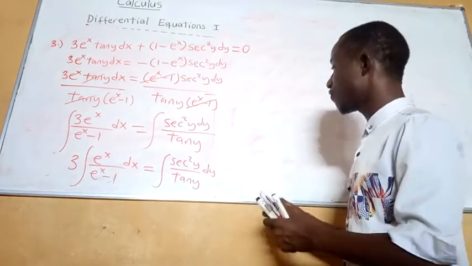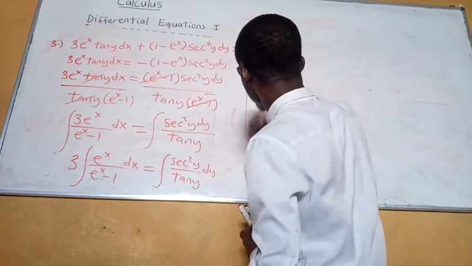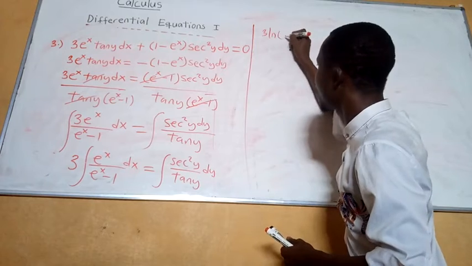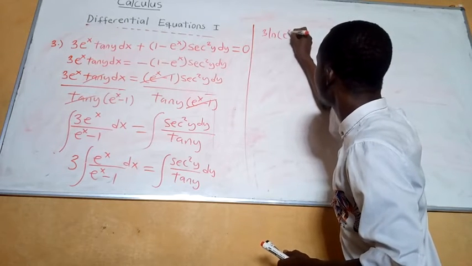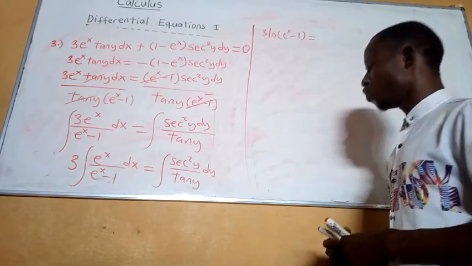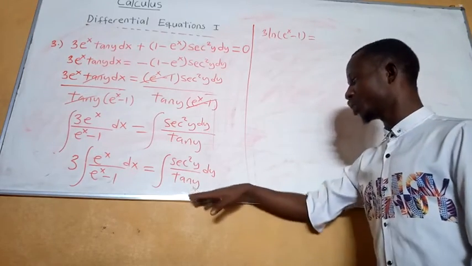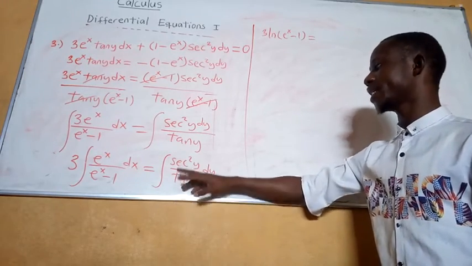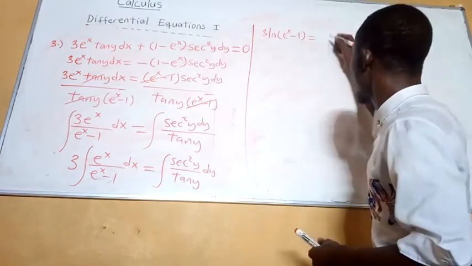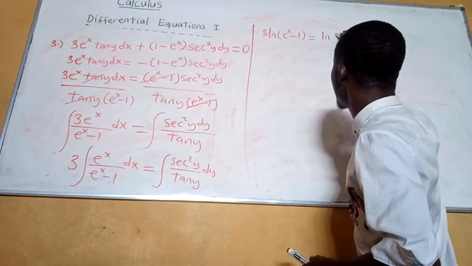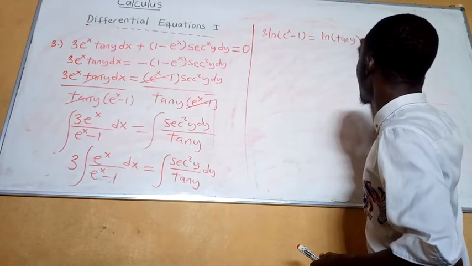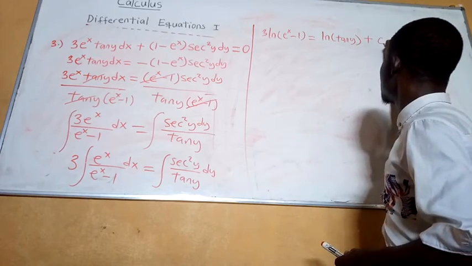So here we have 3 ln of e^x minus 1 equal to, when we differentiate tangent of y, we will get secant square of y dy. So here we have ln of tangent of y plus some constant c.